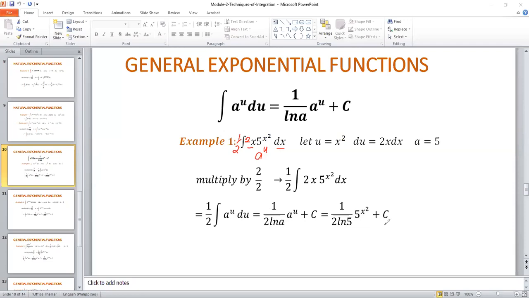You just make sure that the derivative of the argument of your a is complete. So we made it complete by multiplying by 2 and dividing before the integral, by 1/2. Do you follow? That's your general exponential function.